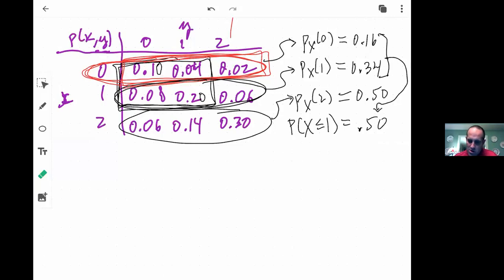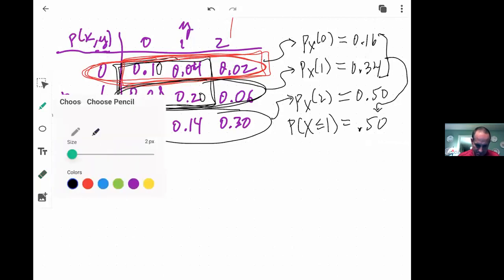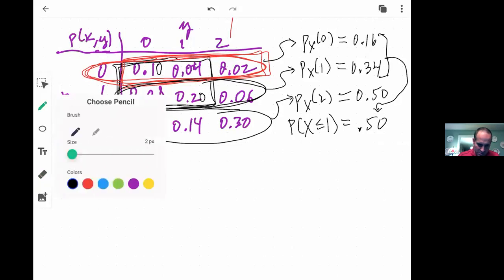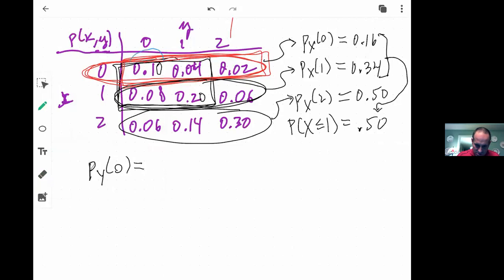Well, we have the marginal for X, but let's get the marginal for Y as well. So what about p sub Y of 0? How am I going to get that? Let me circle this right here.